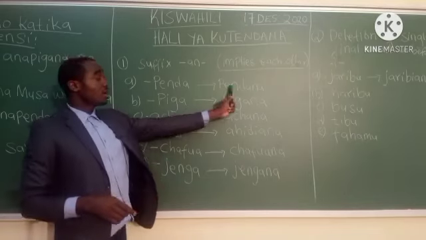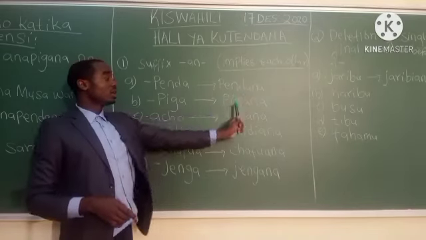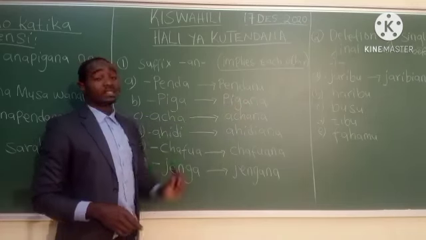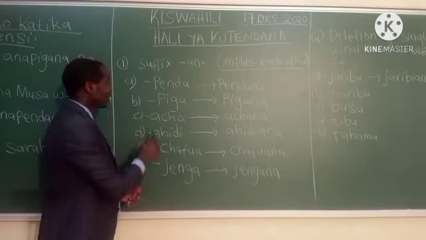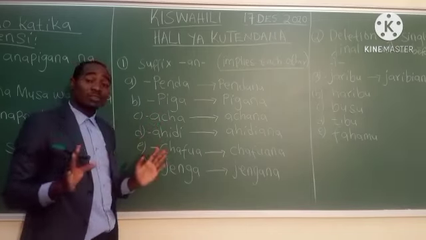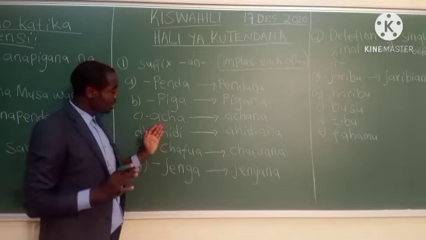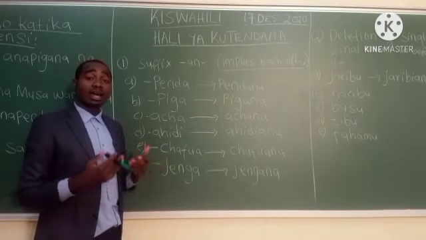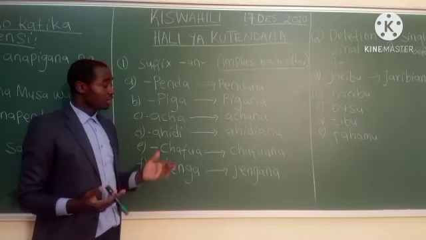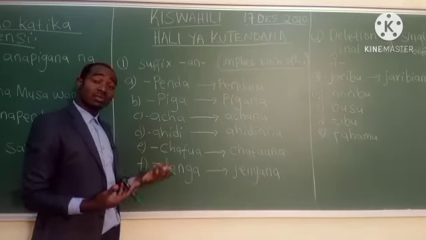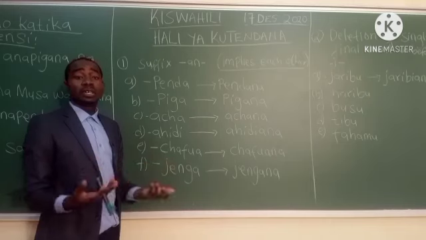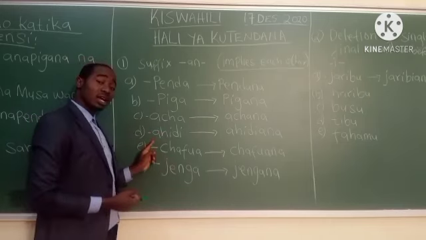So you can see here pendana, we have put it here, then pigana, we have just put it there. Acha, leave or stop. Achana, to leave each other. The verb is acha, leave or stop.